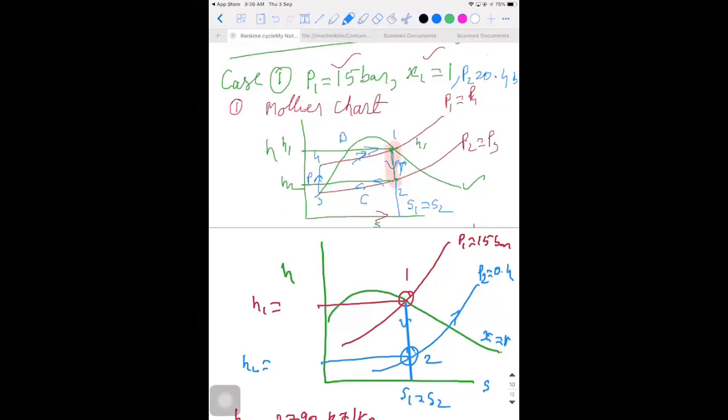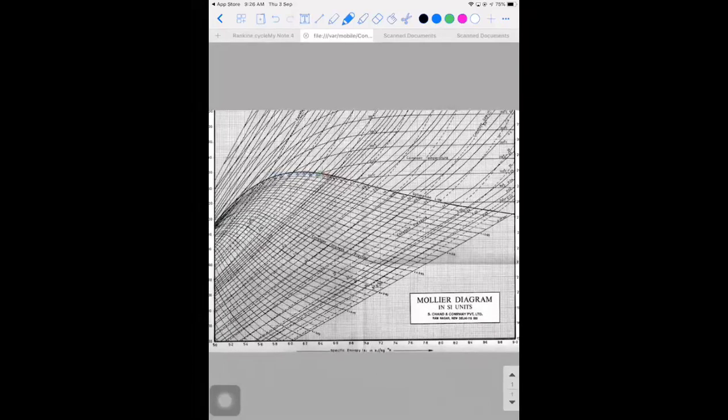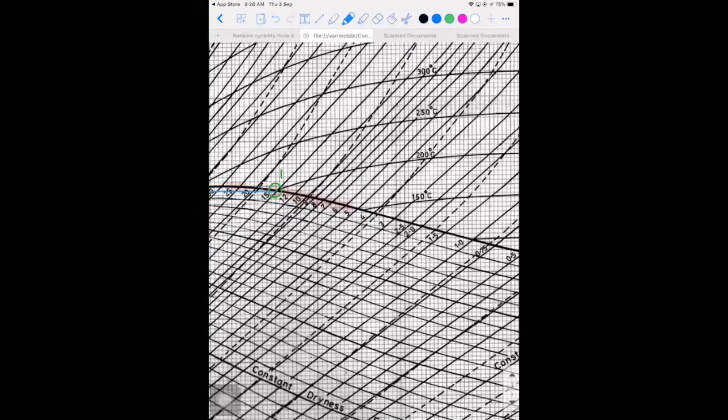This is the point you have to keep in mind. S1 is equal to S2. Now please tell me what is the H2 from this one. The same thing you can have here also. And now I'm going to draw this line.